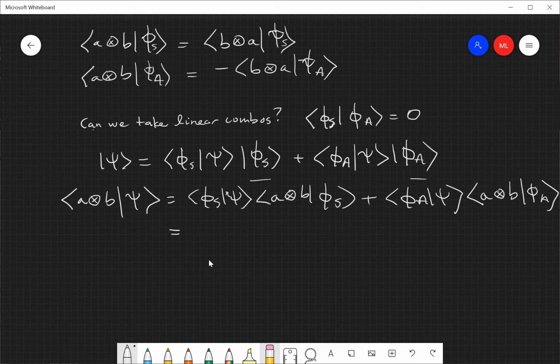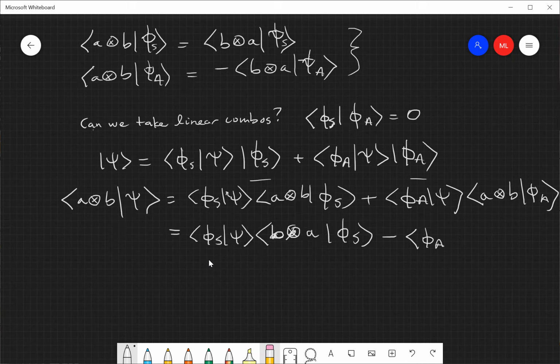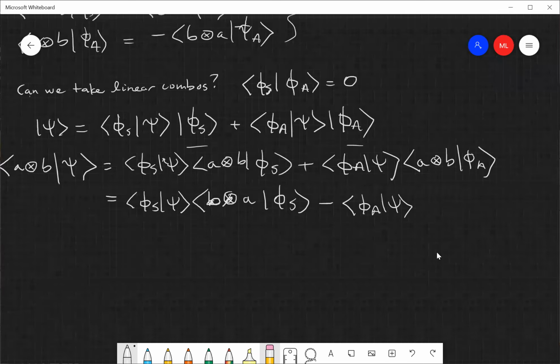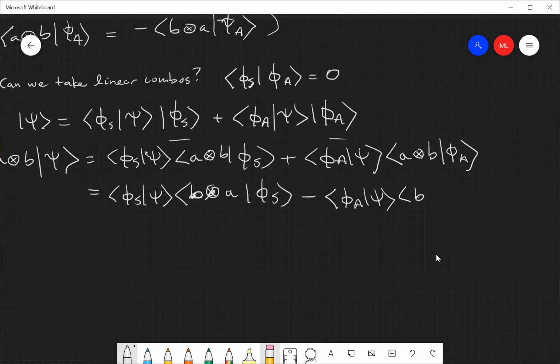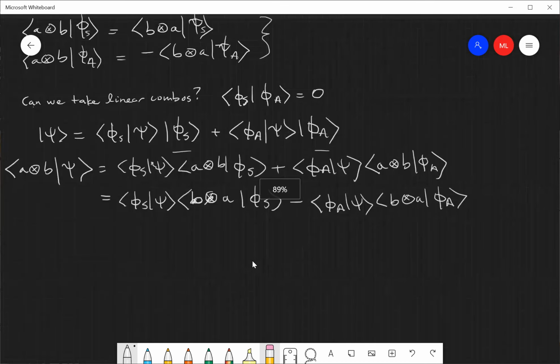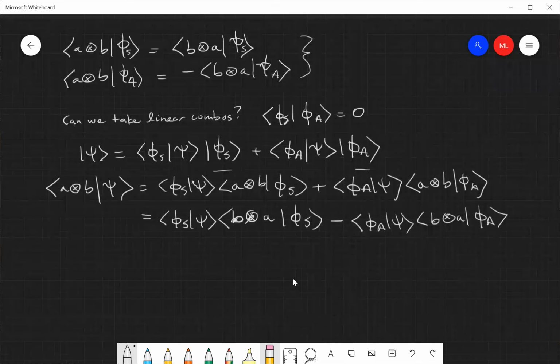By these properties, this will be equal to phi s psi. This is the guy that doesn't change, BA phi s. This guy picks up a minus sign. So that's what would happen if we had such a linear combination.